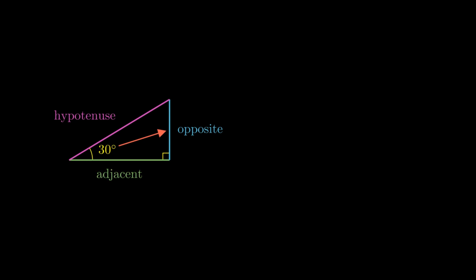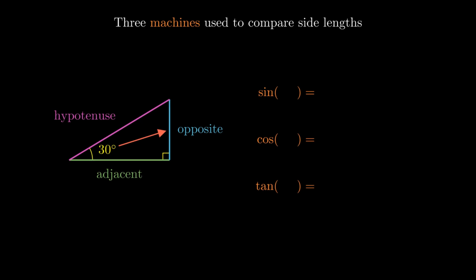That word just means it's next to the 30-degree angle. And I guess so is the pink side, but it already had a name, so whatever. So now we know what to call these sides. We have three machines that are used to make these comparisons between those side lengths. The machines are called sine, cosine, and tangent, or we would just say sine, cos, tan for short.